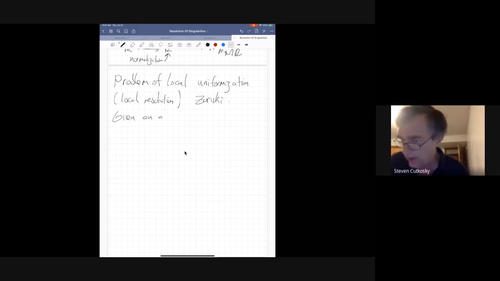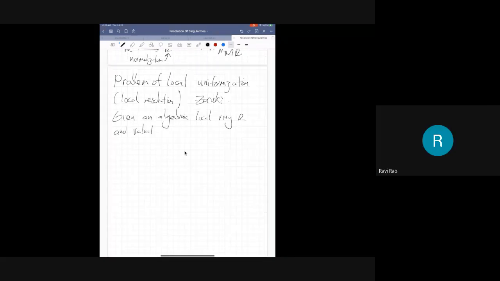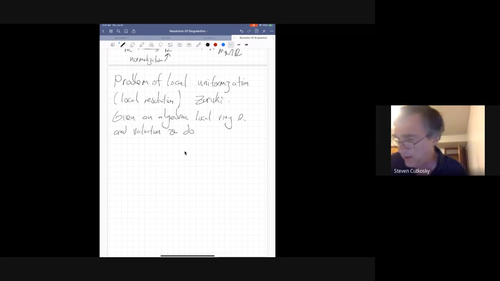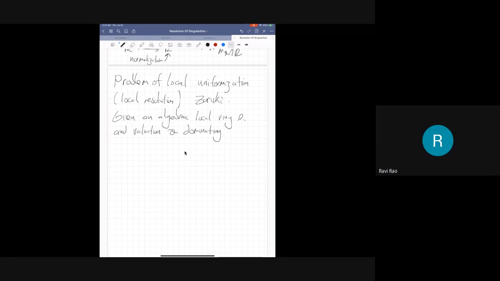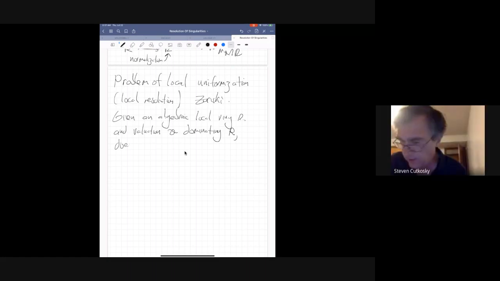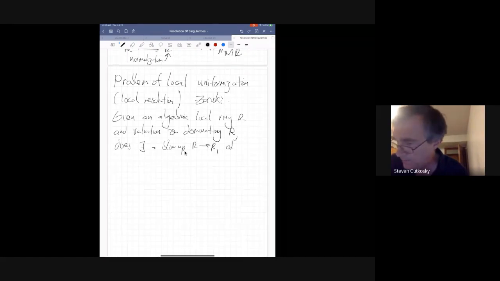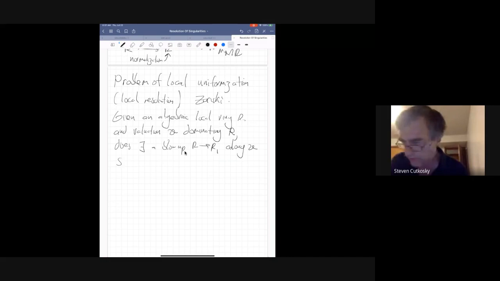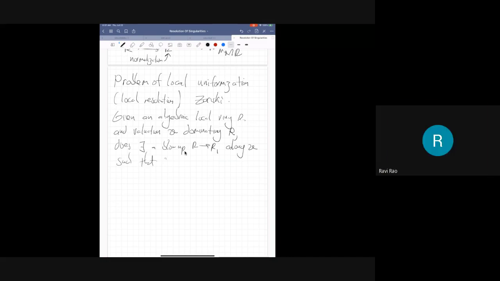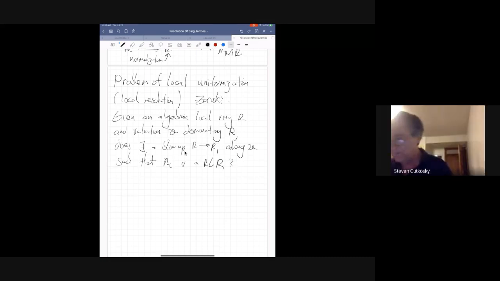Given an algebraic local ring R and a valuation nu dominating R, does there exist a blow up of R to R1 along nu such that R1 is a regular local ring?